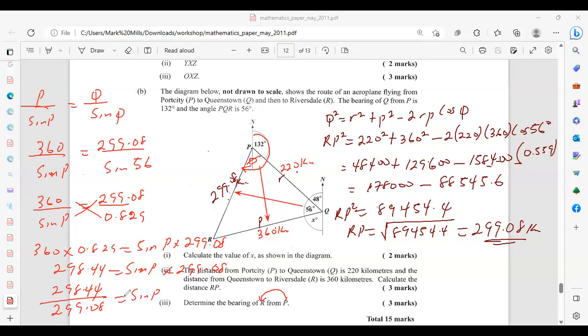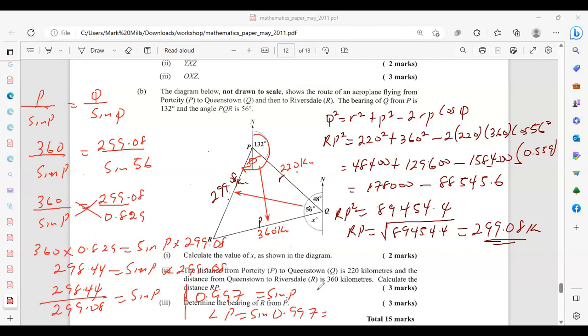Cool. All right. So let's work out this one. Now what do we get? 0.997. All right, 0.997 is equal to sine P. So angle P is equal to sine inverse of 0.997.